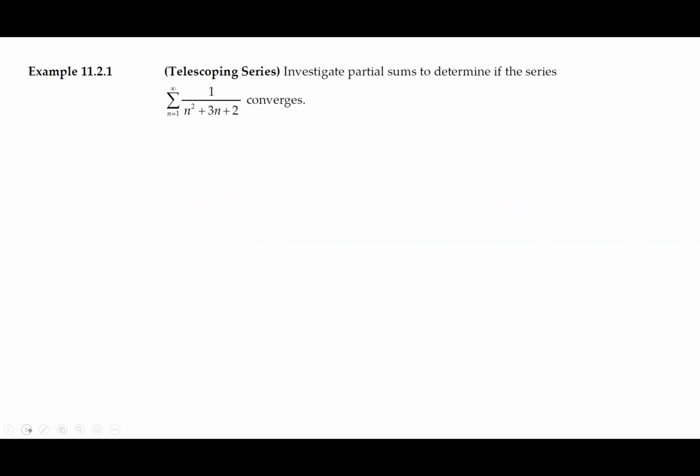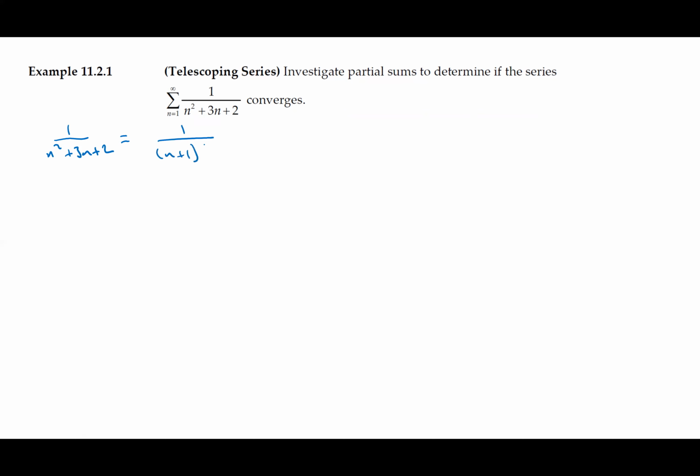Let's look at an example. This is known as a telescoping series, and you may not see why yet, but you will shortly. We want to investigate some partial sums and see what happens. I'm going to use some partial fractions here.